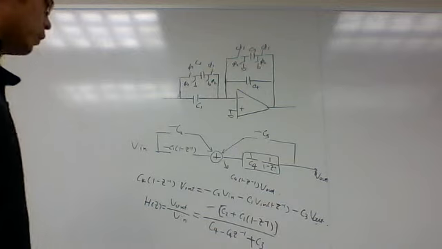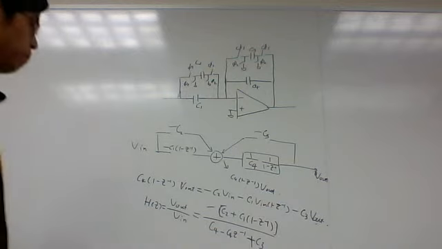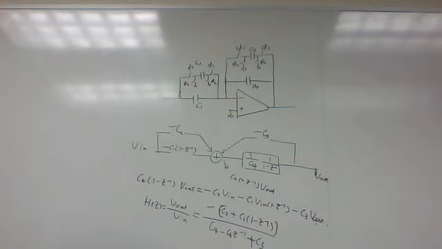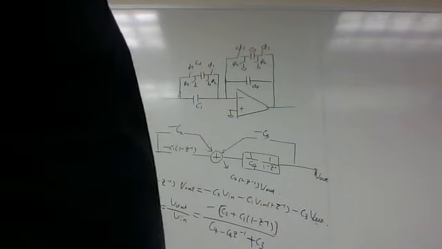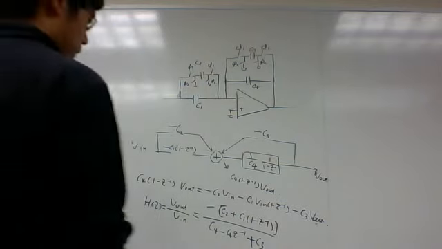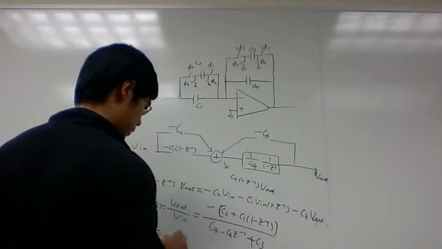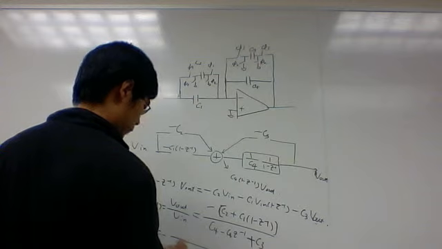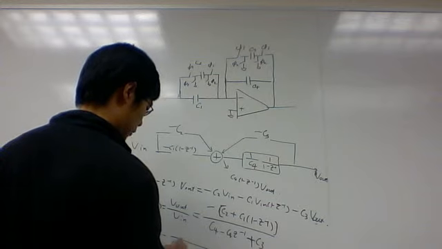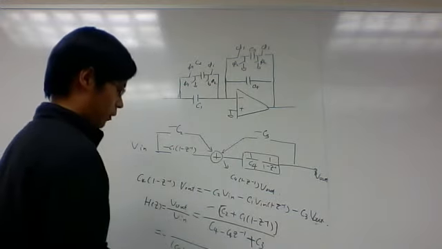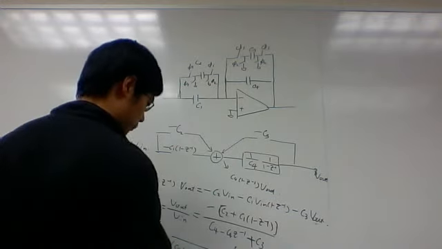Okay, so if you multiply everything by Z, this one will be minus C4 plus C3 of Z minus C4. So sometimes you want to move the C4 out.